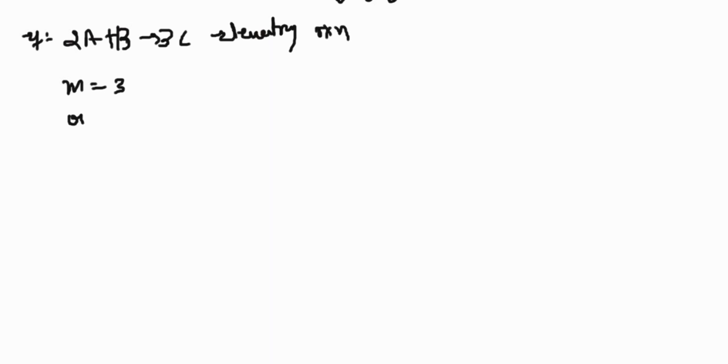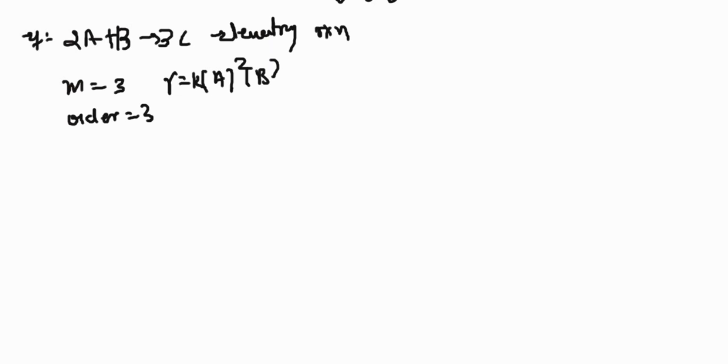Suppose an elementary reaction is 2A plus B giving 3C, and it is given that it is an elementary reaction. Then molecularity will be 3 and order will be 3, and the rate expression could be written as A square into B.